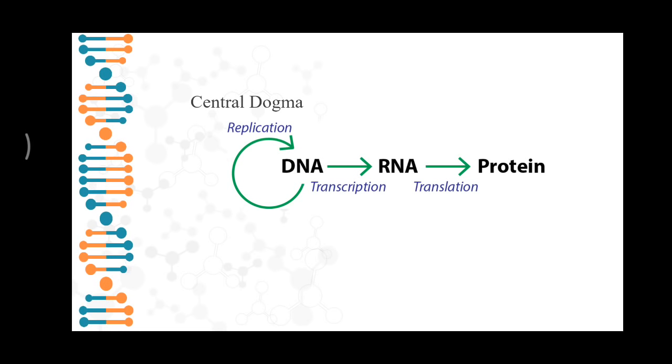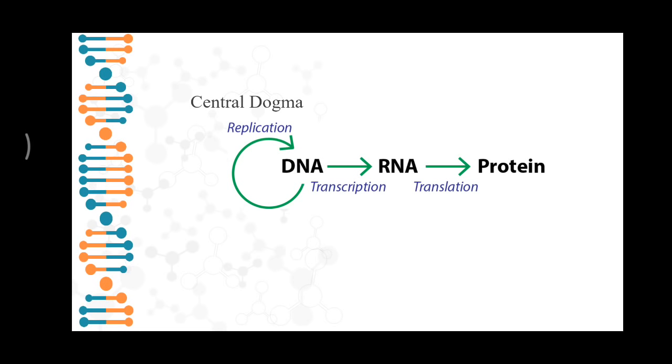Basically, we have to understand the central dogma of molecular biology. There are three different processes responsible for the inheritance of genetic information and for its conversion from one form to another.